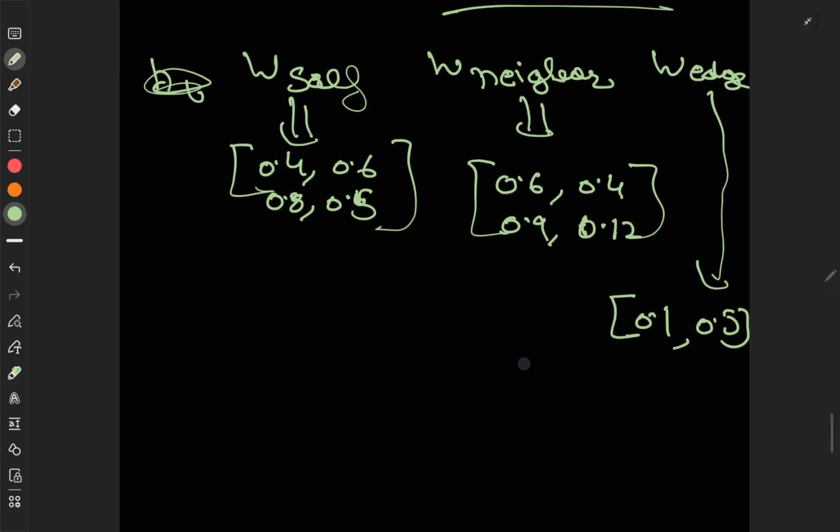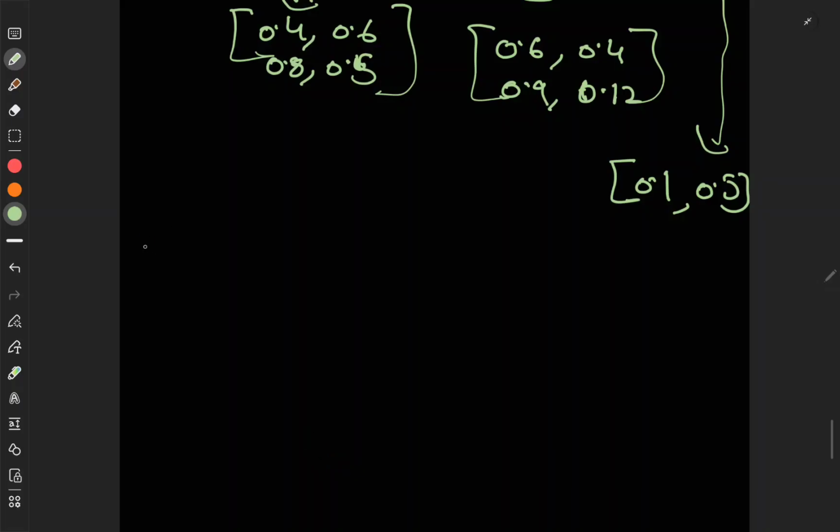Okay. So what will the formula look like? Let me give you an example. This h of u means the embedding of a particular user.